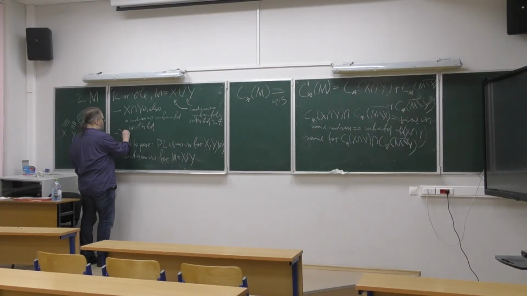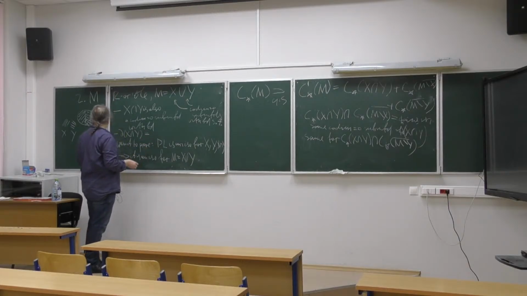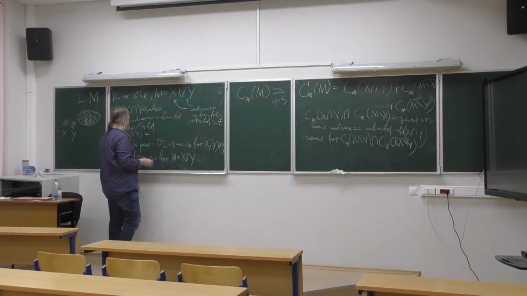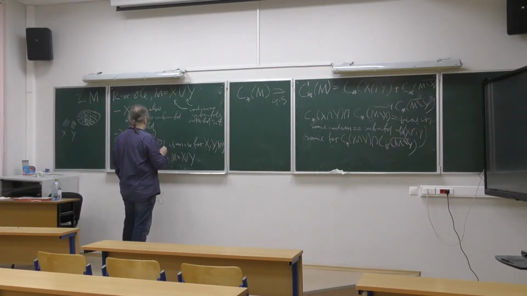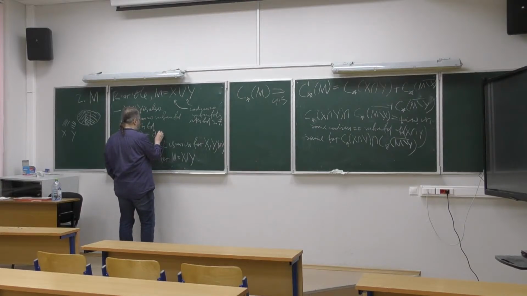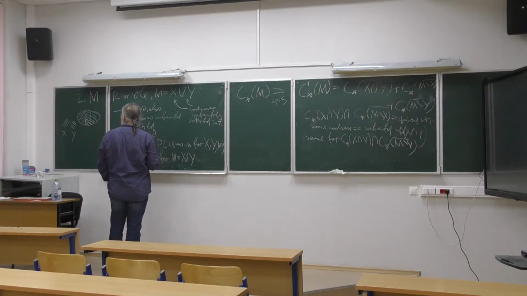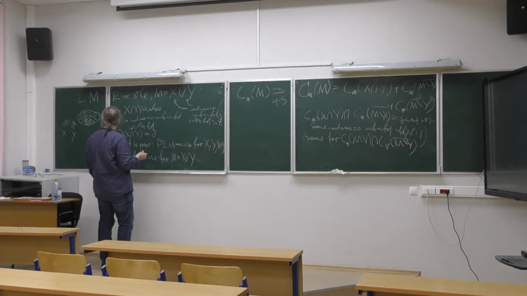The boundary of x intersected y is made of 3 parts.